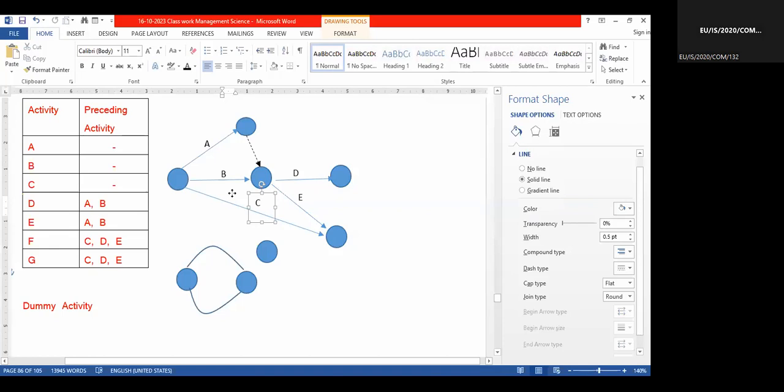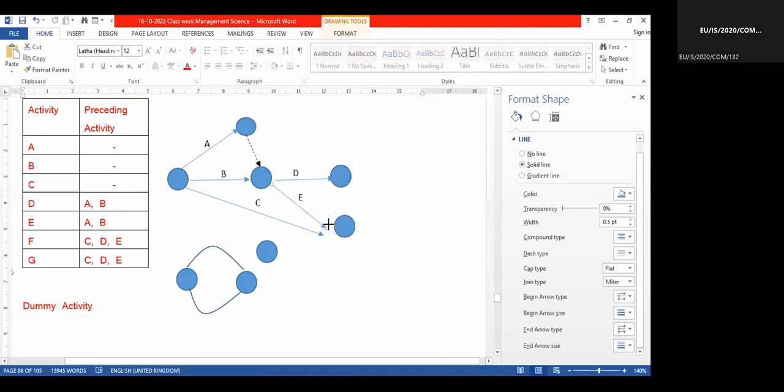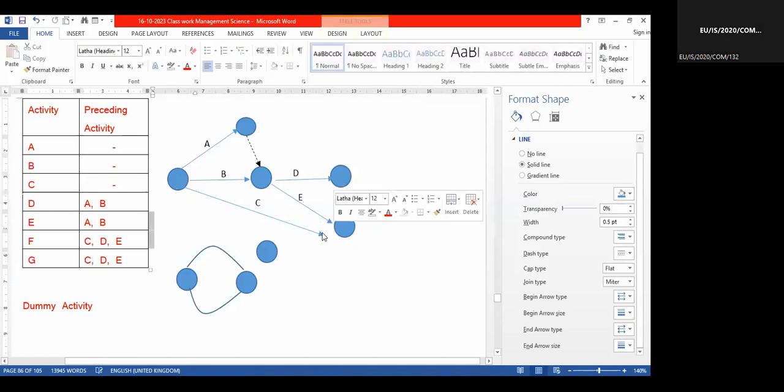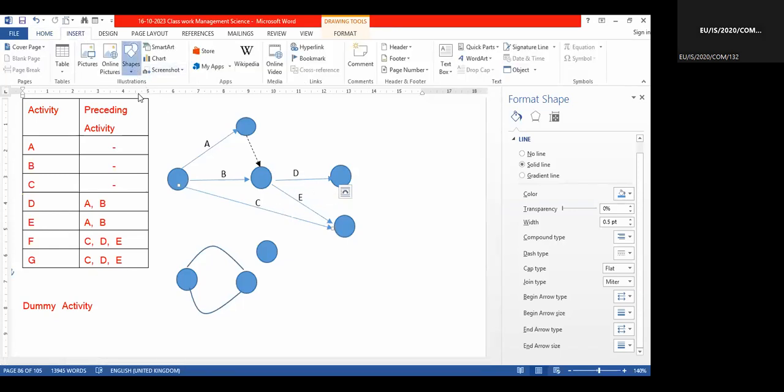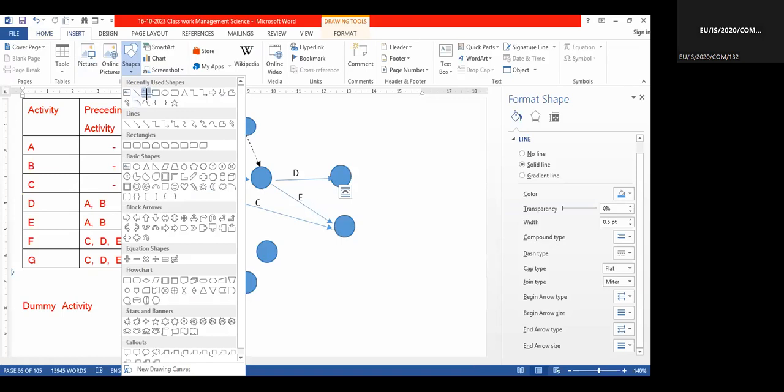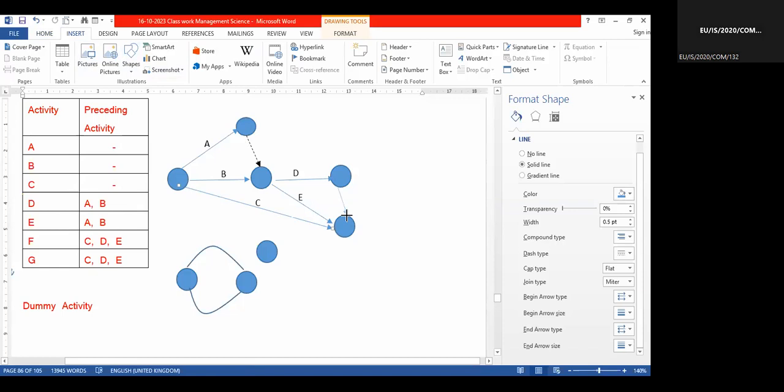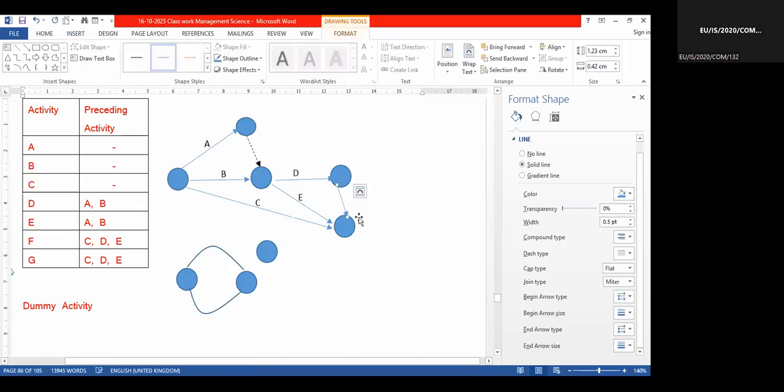This is about C. I put a small dummy here, in a black color.